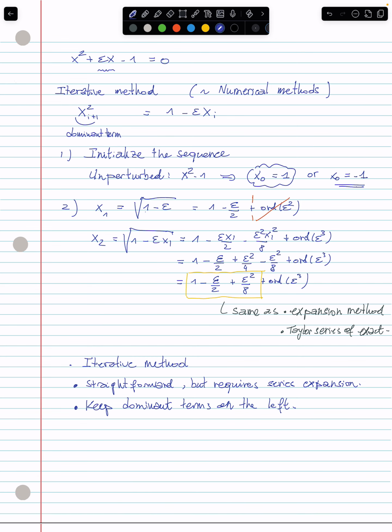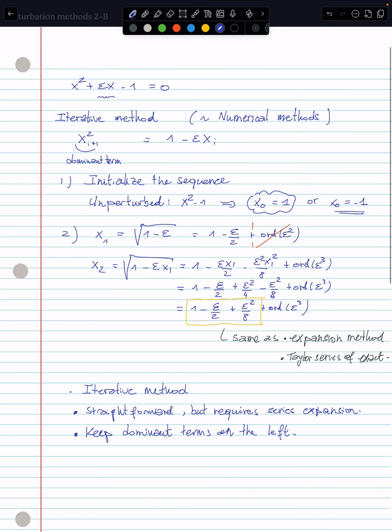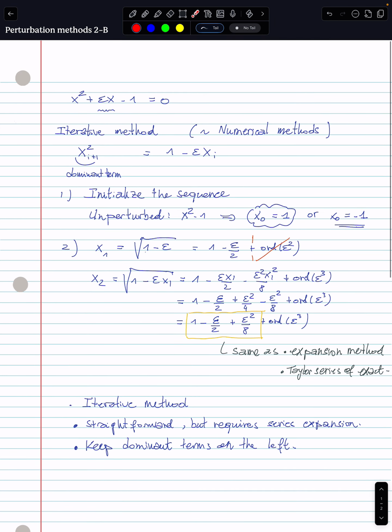How do we recognize the terms are dominant? Of course, when the problem is regular, then this is easy because when x, you see x is of order 1, which is also the solution of the unperturbed problem. So when the problem is regular, this is something we can guess in advance. Okay, remember from the previous video that we could guess in advance that x was either close to 1, either close to -1. You can use this quantity here, x is equal to 1, and check the order of magnitude of each term in that governing equation.